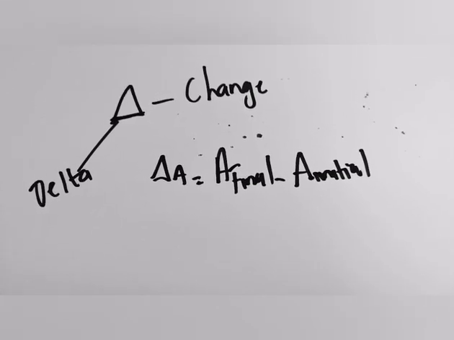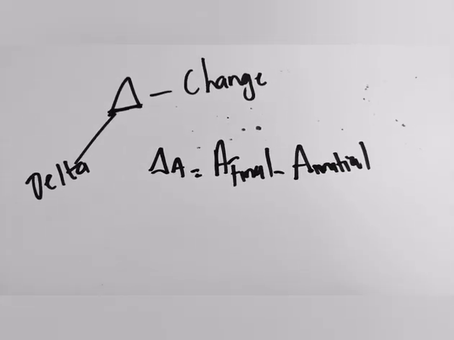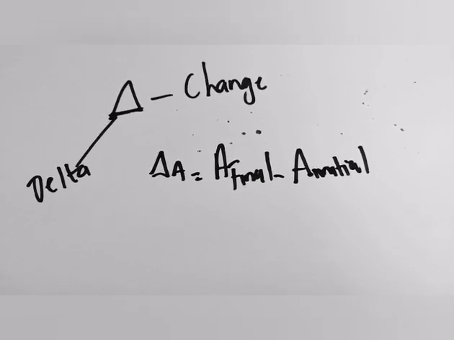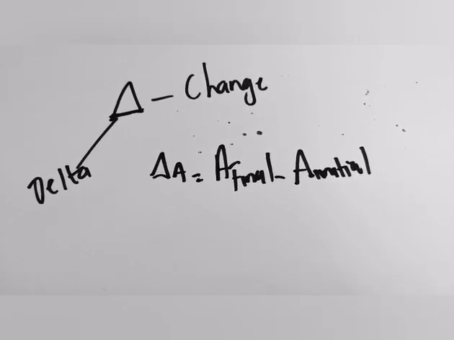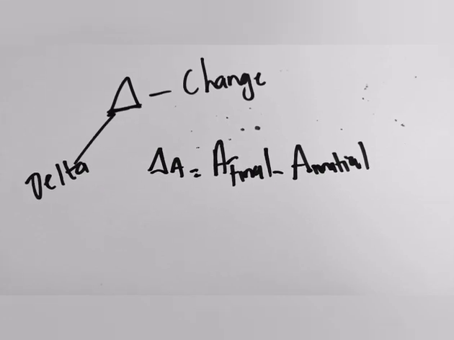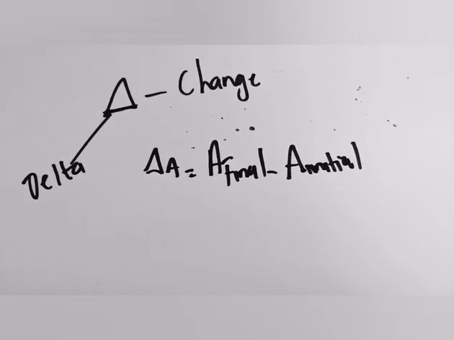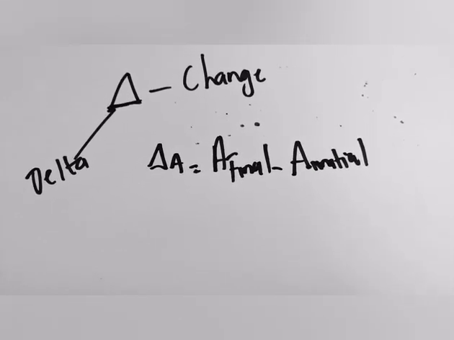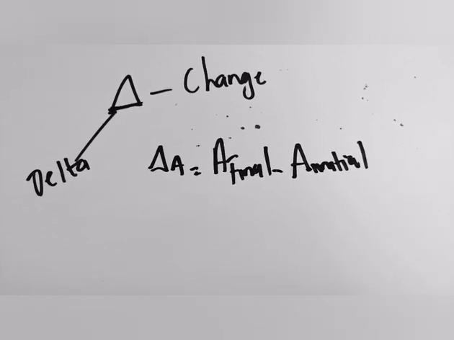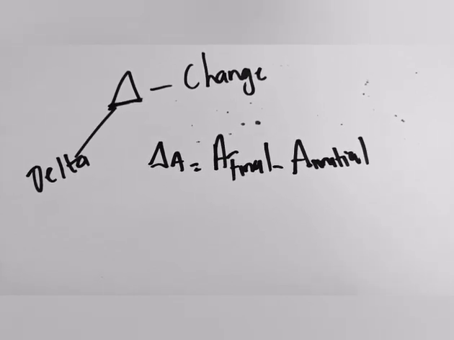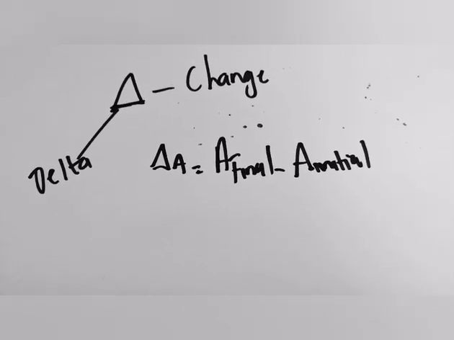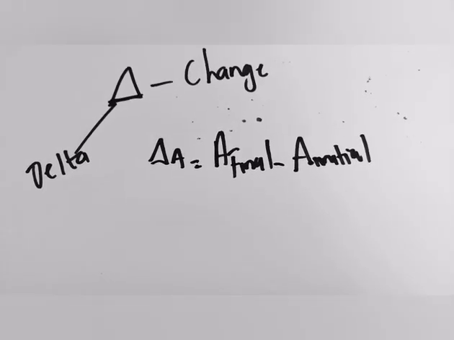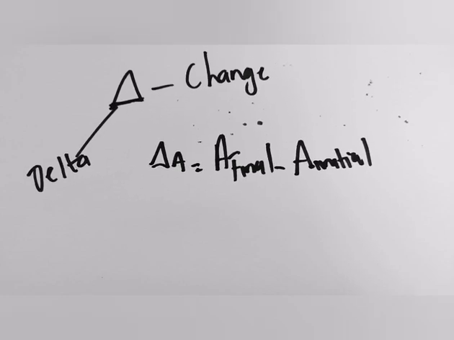But here in physical sciences, it tells us about the change. Remember, we have delta t, in other words t final minus t initial. I don't know if you get it. A delta v is the final velocity minus the initial velocity. That's very important for you to know and understand.